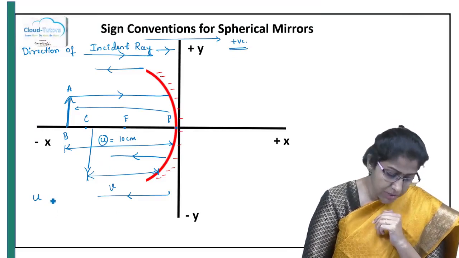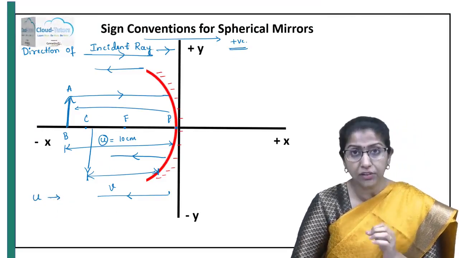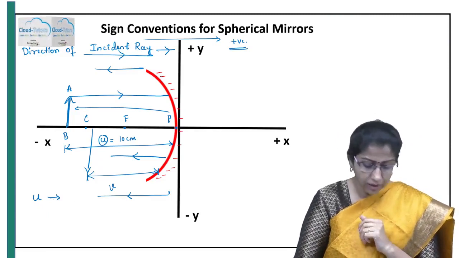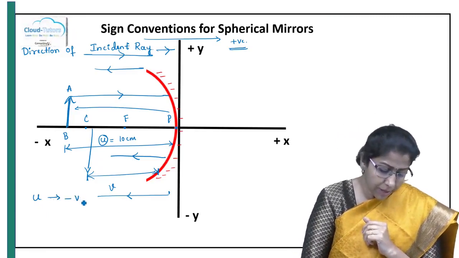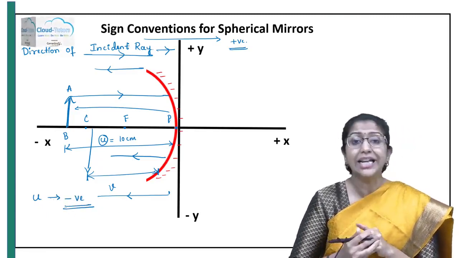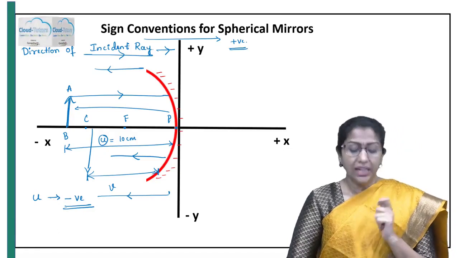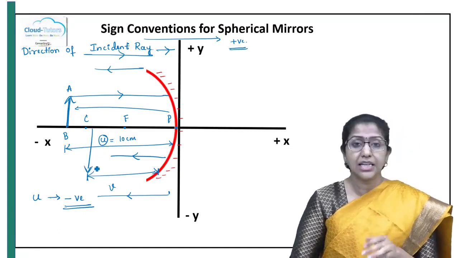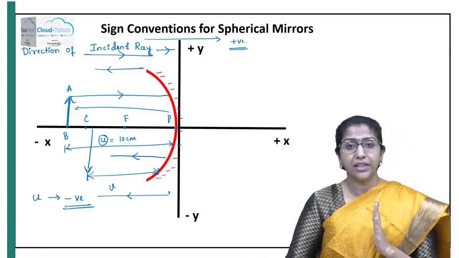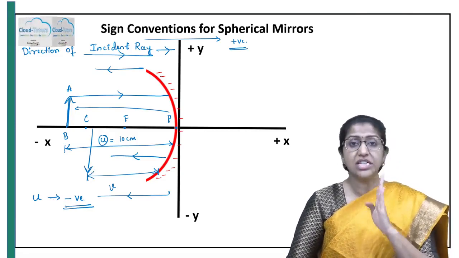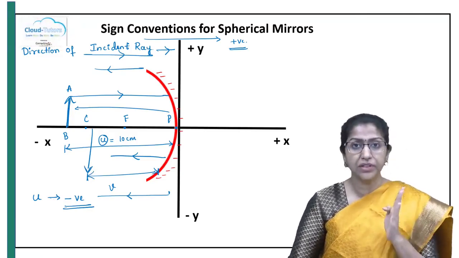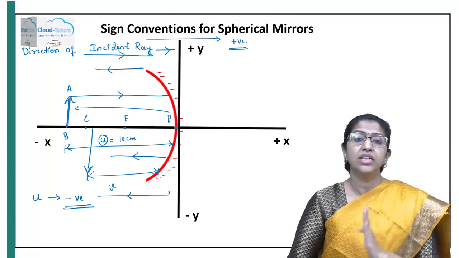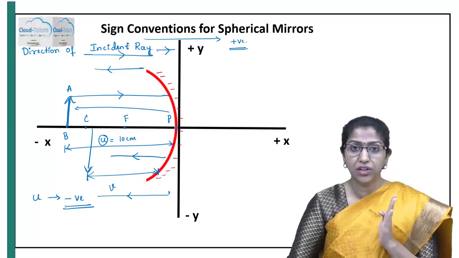Hence, the object distance for any kind of mirror, be it convex or concave, has to be taken negative. Now, whenever a real image is formed, the real image is always in front of the mirror, on the same side as the object.